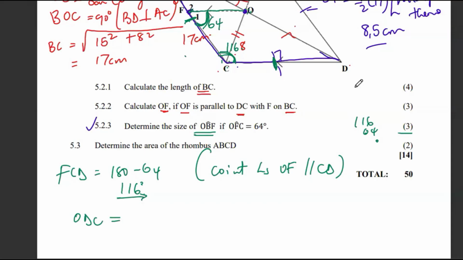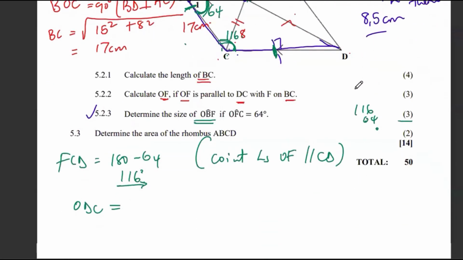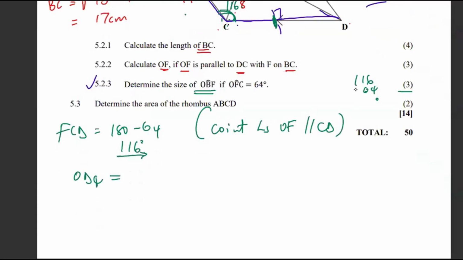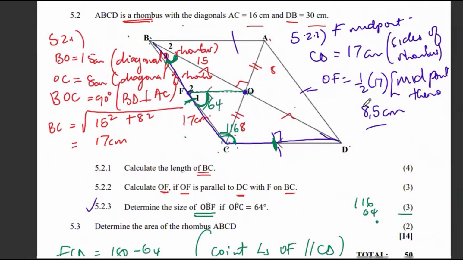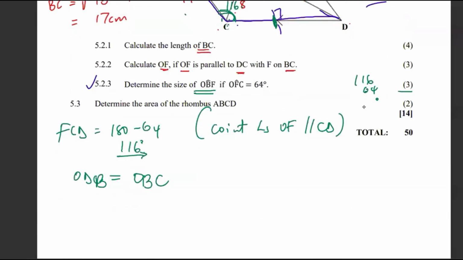Why can't I just say ODB? It's the same as OBC. DBC, let me call it DBC. Okay, these are going to be angles opposite equal sides.